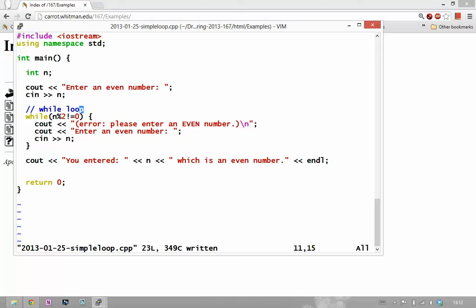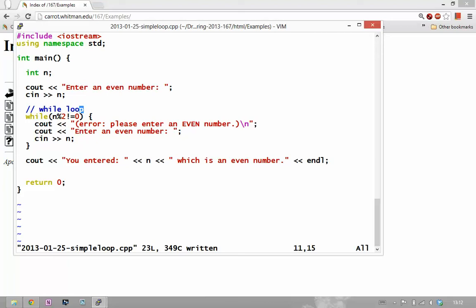That's the easy case. Let's think about the more interesting case. Let's pretend I entered 5. Now I get here. What's 5 % 2? 1. Is 1 not equal to 0? Yes, true. Which means this thing is odd. We're going to print out an error message. We're going to ask for the number again. We're going to read the number again. And guess what happens? You don't keep going now.